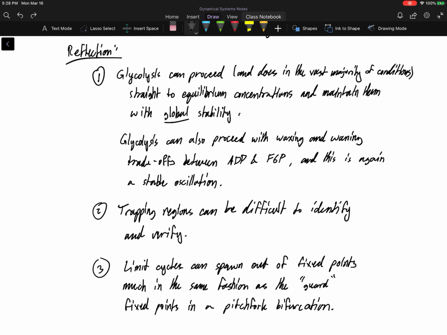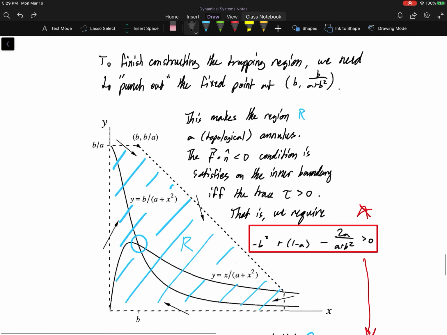So third is that limit cycles can spawn out of fixed points. Much in the same fashion that we have guard points around a central equilibrium in a pitchfork bifurcation, we can change the stability of an existing fixed point so as to produce another fixed point in the system that has that stability. And this is exactly what we see.